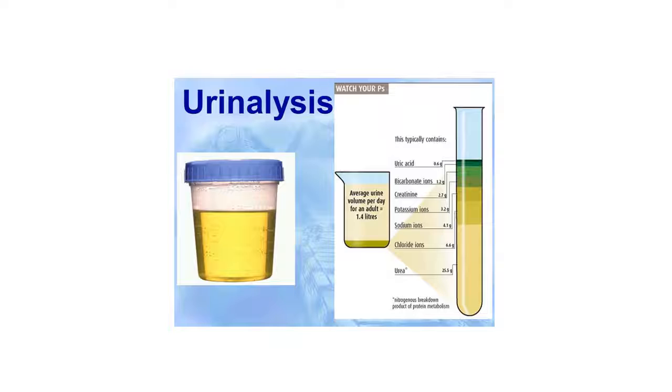Then let's read from bottom to top. Chloride ions, sodium ions, potassium ions. Now, this picture gives you the amounts of these ions in grams, but I want to make a little correction here. The exact amount of especially sodium ions varies greatly, because sodium is under hormonal regulation.